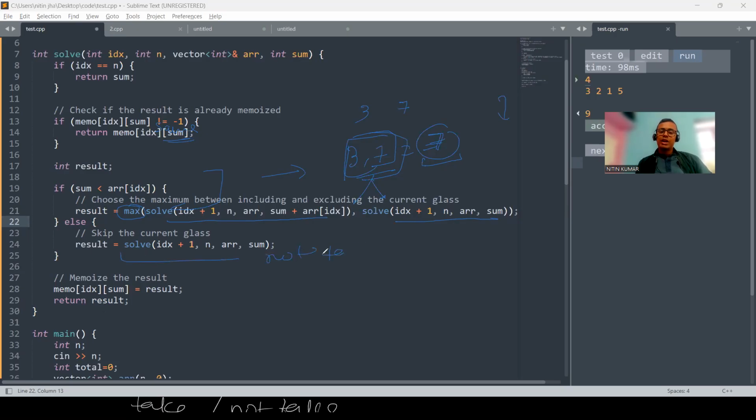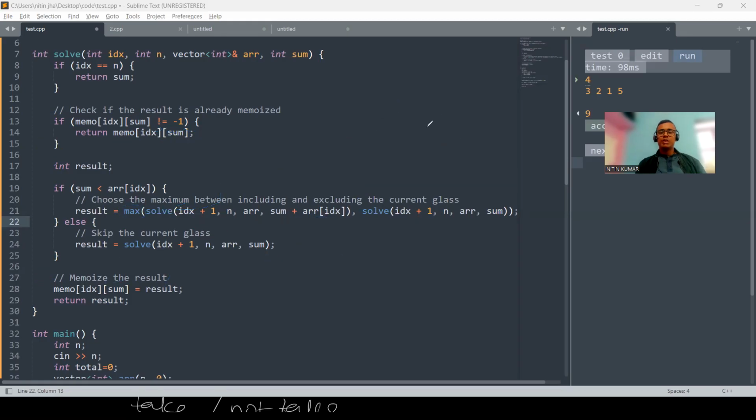And just before returning the result, we update that value in our memoization table, so that if we get that value again, we reach it from here only and return back. We do not have to do the same process again, and that saves a lot of time. So this is the simple DP code.